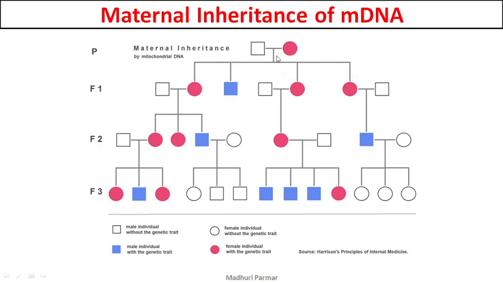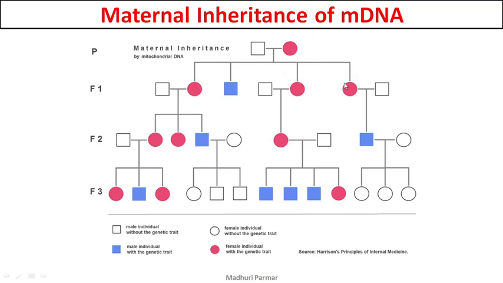So the father does not have this specific mitochondrial DNA defect, but the mother has some mitochondrial DNA defect. Their children will all get the mitochondria from their mother. So the three girls, 1, 2, and 3, all three of them have their mother's mitochondrial DNA, and their son also has the mitochondrial DNA.